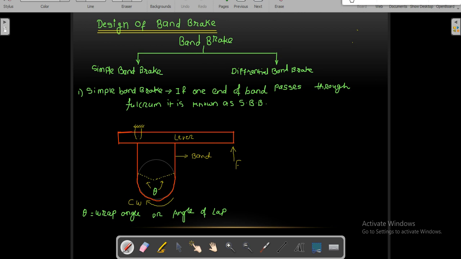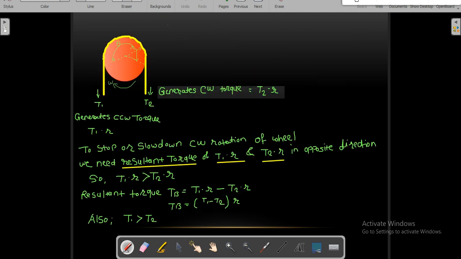So start with the design. Let us consider this new free body diagram for the band and wheel arrangement. If the wheel is rotating in clockwise direction, then one end of the band will have tension T2 and the other tension T1.